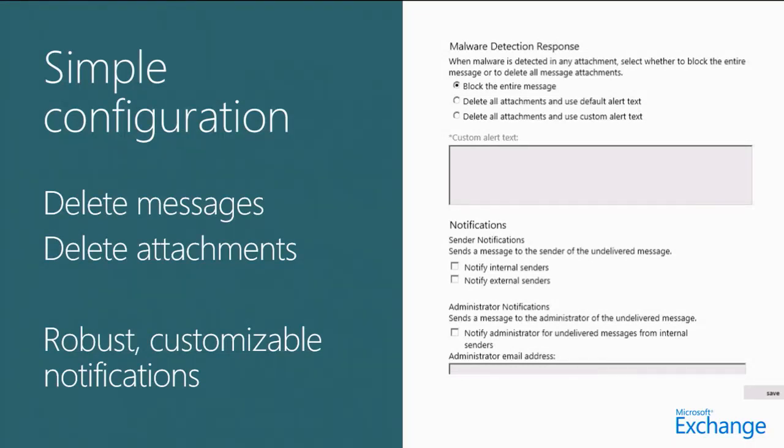Yes? Is there any thought about adding a similar policy for attachments? I know that we have an Exchange transport policy that allows you to block executables, but you want to go beyond that. You're saying that if today we have a policy that says if the attachment contains an executable, block it. I see.